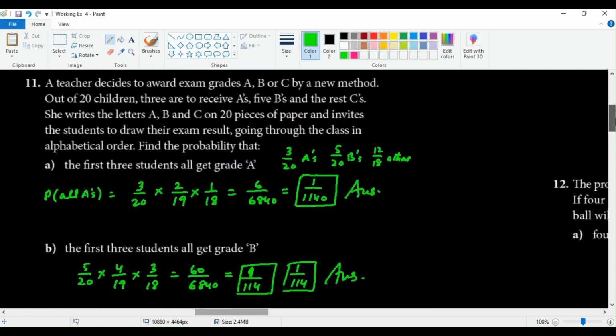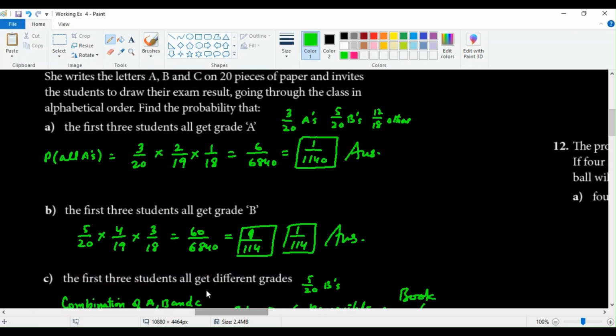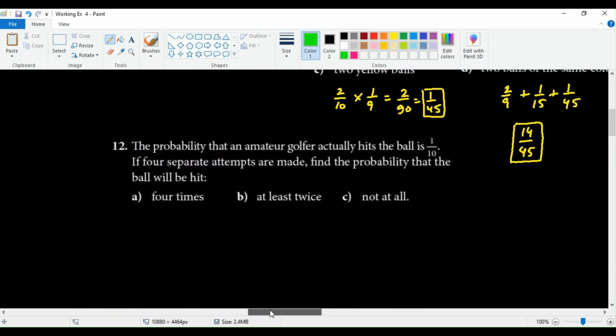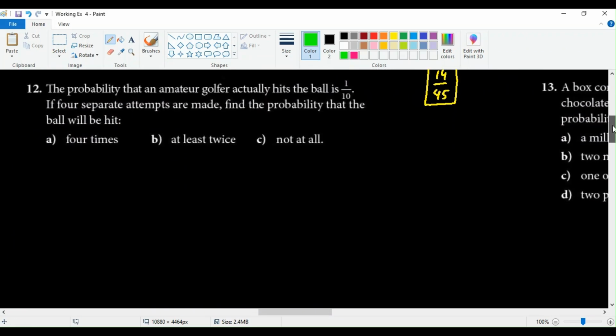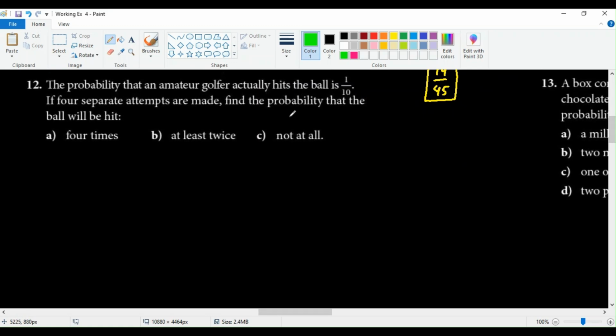Moving on to question number 12. In question number 12, it says that the probability of an amateur golfer actually hitting the ball is 1 over 10. If four separate attempts are made, find the probability that the ball will be hit 4 times.